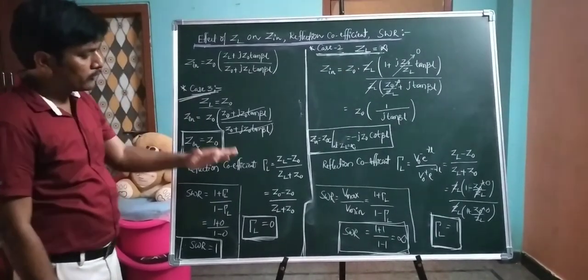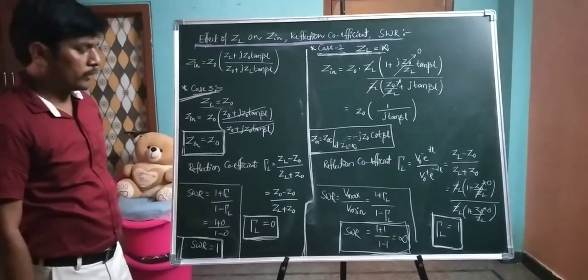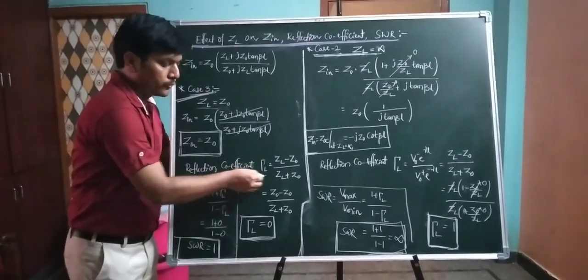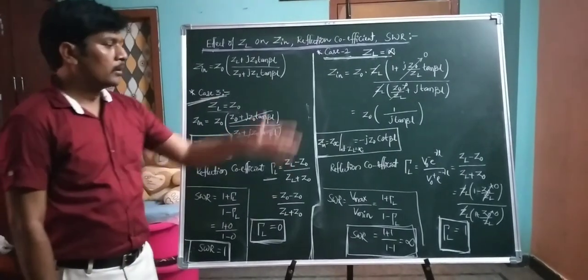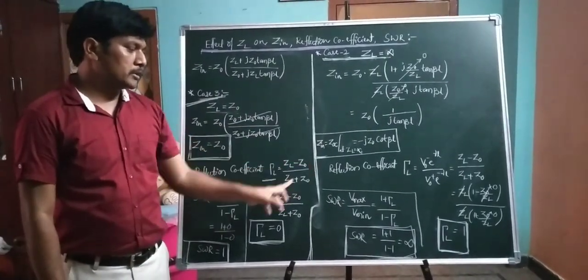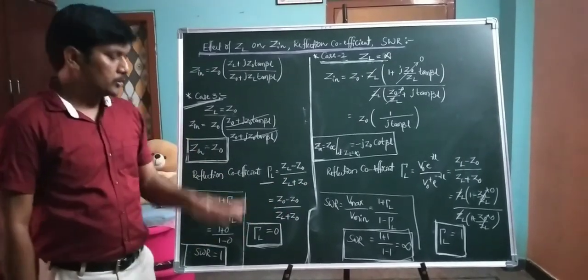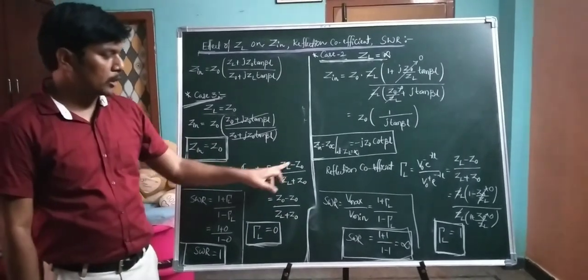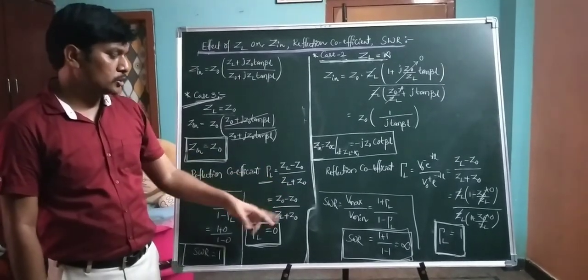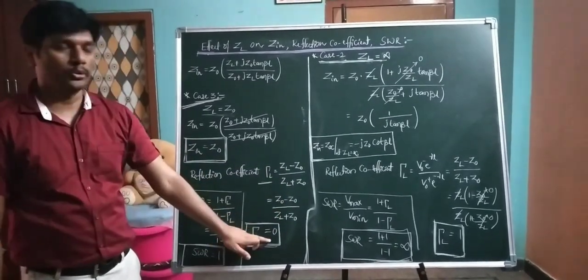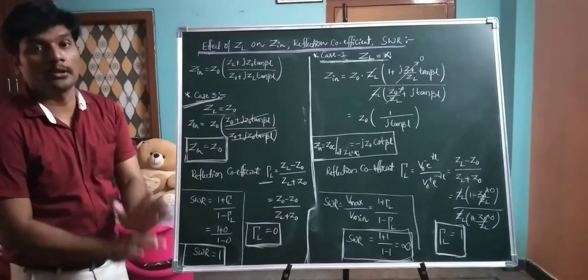That is concluded with respect to reflection coefficient. So what is the reflection coefficient? Reflection coefficient is equal to reflection divided by incident, that is obtained as ZL minus Z0 divided by ZL plus Z0. ZL is selected as Z0, therefore Z0 minus Z0 divided by Z0 plus Z0. Z0 minus Z0 is 0, 0 divided by anything becomes 0. The reflection coefficient equal to 0.